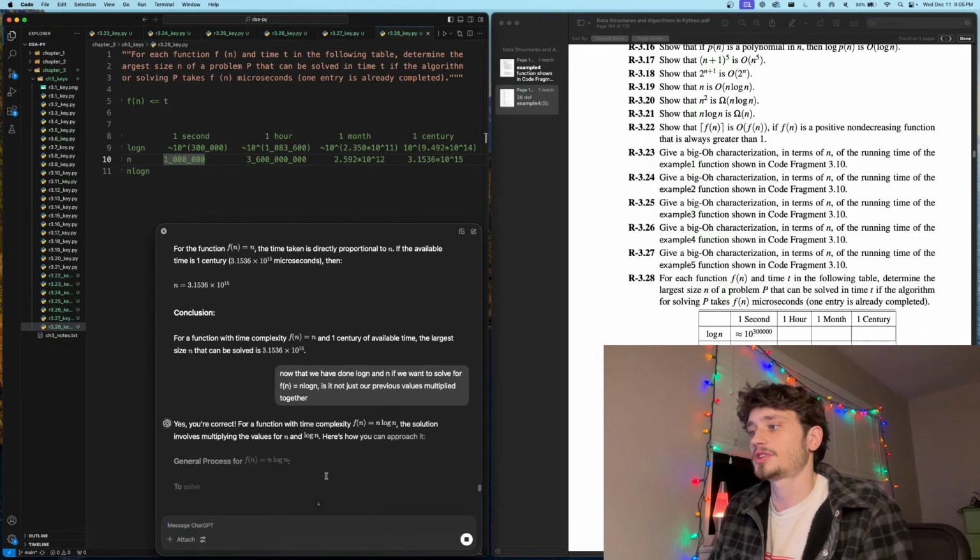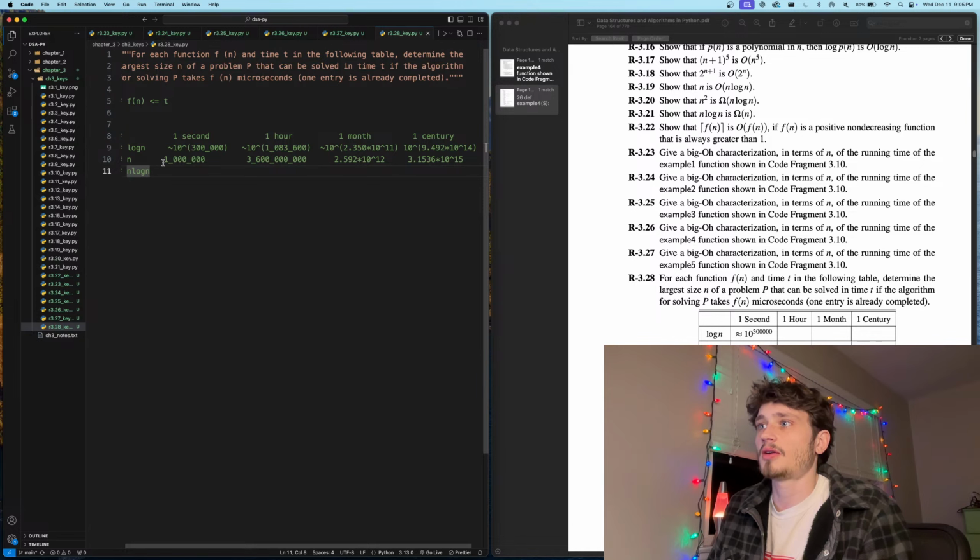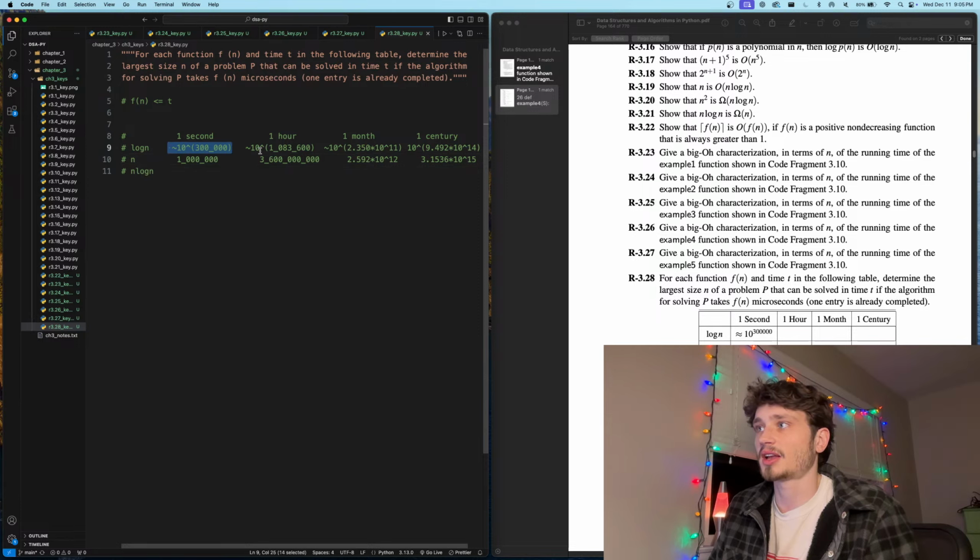Yes, you're correct. So from before, our solution for n log n is just going to be these two multiplied, because if log n is this for 1 second and 1 hour and 1 month, and n is this, now if our function is n log n, we can just multiply these two together.